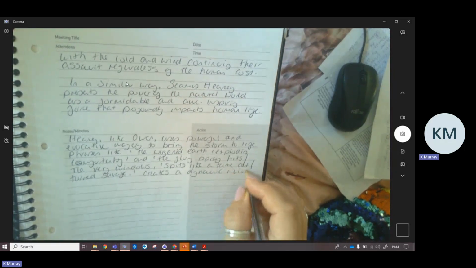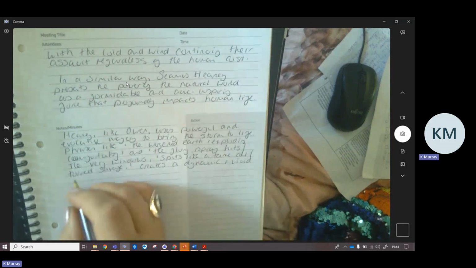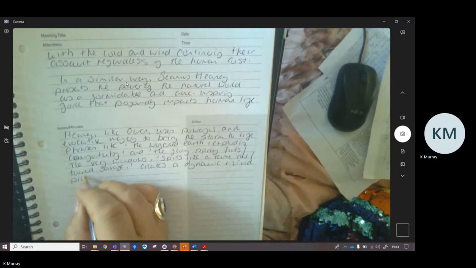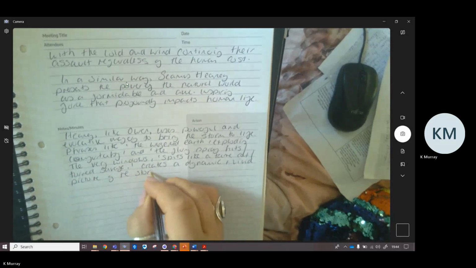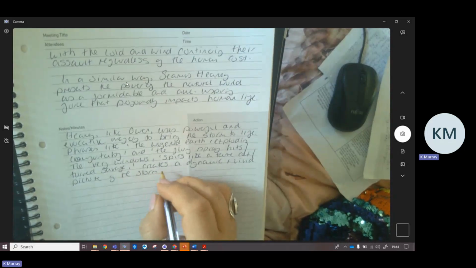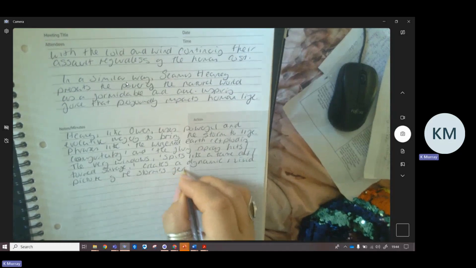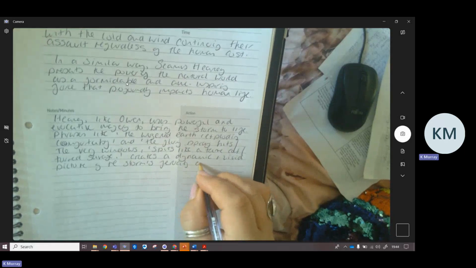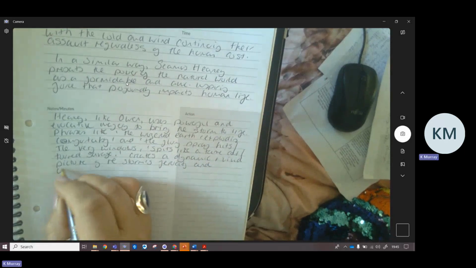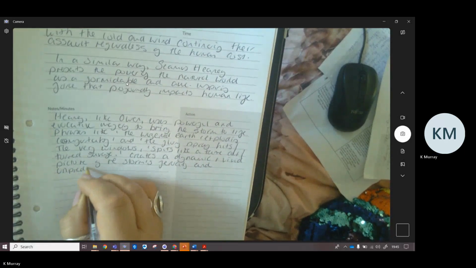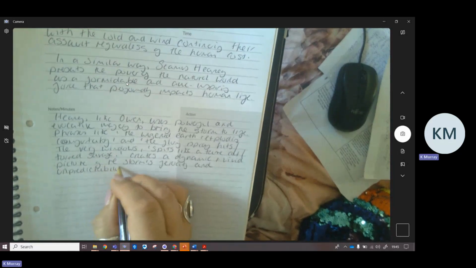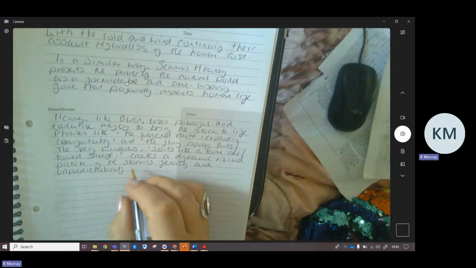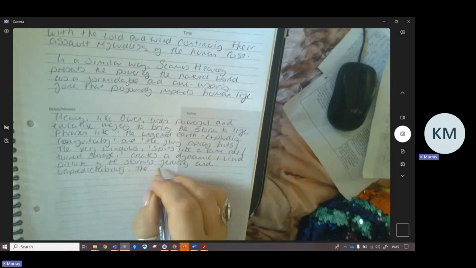Right, this creates a dynamic, means sort of like moving, doesn't it? And vivid, lovely and clear picture of the storm's ferocity, that's like ferociousness, and unpredictability, to spell it out.